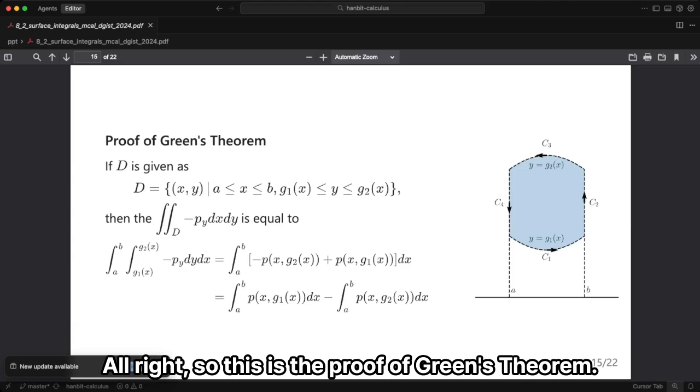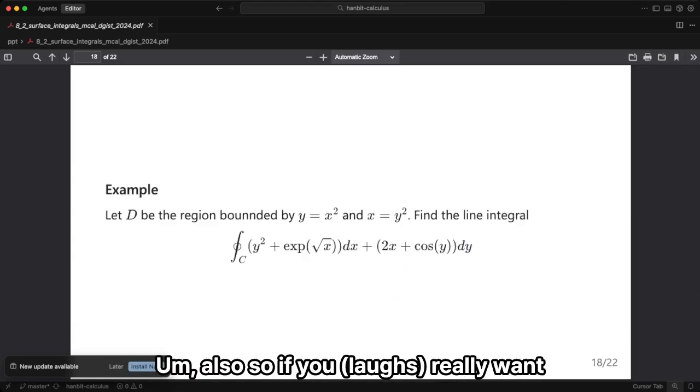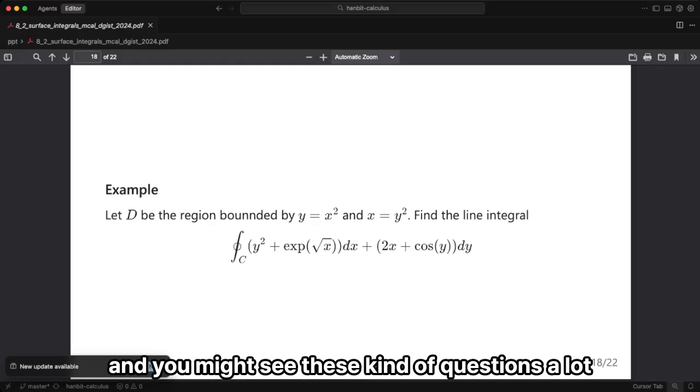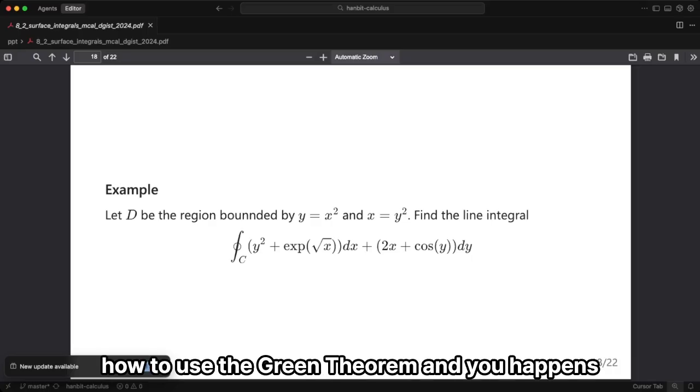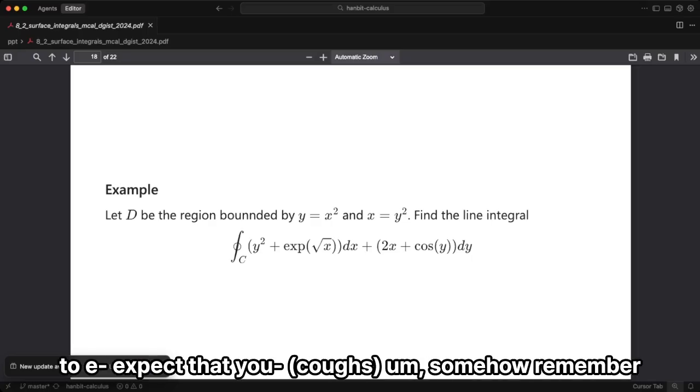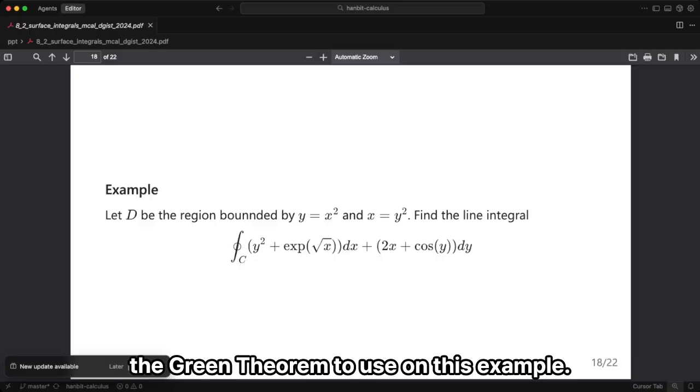All right, so this is a proof of Green's theorem. I'm gonna skip this. Also, if you really want to get the exercise, and if you open a book on calculus, you might see this kind of question a lot that shows you a really complicated integration, and then tries to do this, hoping that you know how to use Green's theorem.